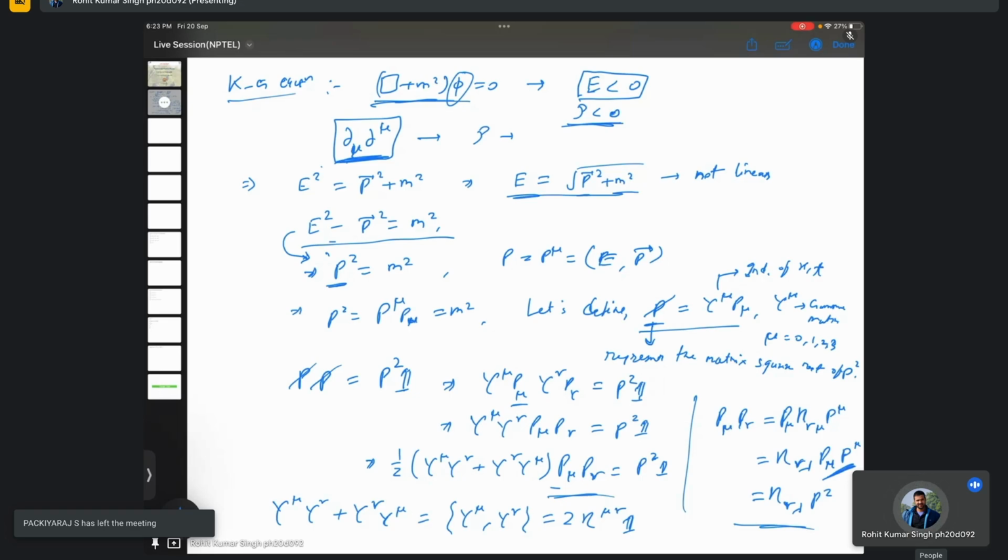You can check by putting instead of this, and you will see that this is consistent. So this is called the Clifford algebra. Fine. So does anyone have any question till here?